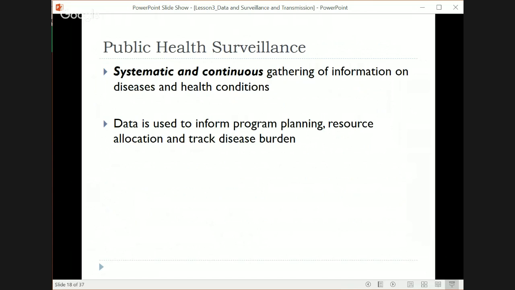It's systematic because you're doing it in some systematic way, and continuous because you're not just doing it one day, you're doing it over time. Similar to the death and birth data, we want this information to help us understand the population, to inform program planning and resource allocation, and to track disease burden.